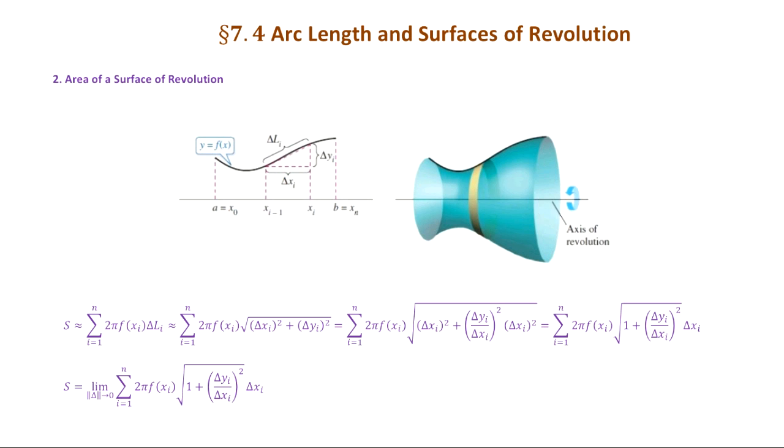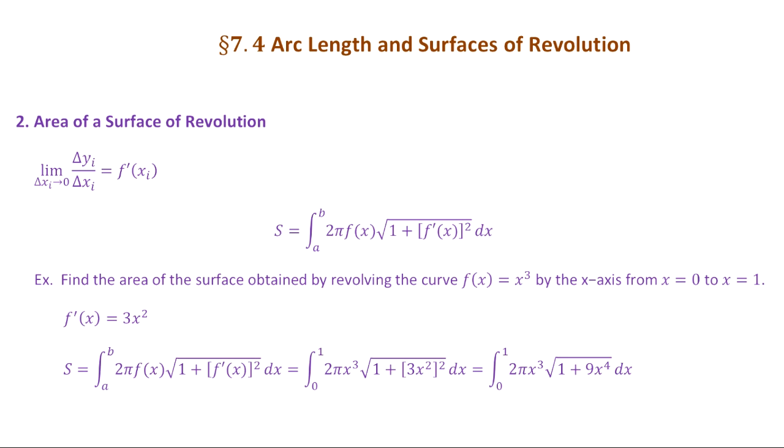And then when you take the limit, this sum becomes integral, and delta y over delta xi, as we did before, that's just the slope of the tangent line. Okay, so at the end we got the formula. The surface area is equal to the integral from a to b of 2 pi f of x times square root of 1 plus f prime squared. So just plug in the formula when you do the problem.